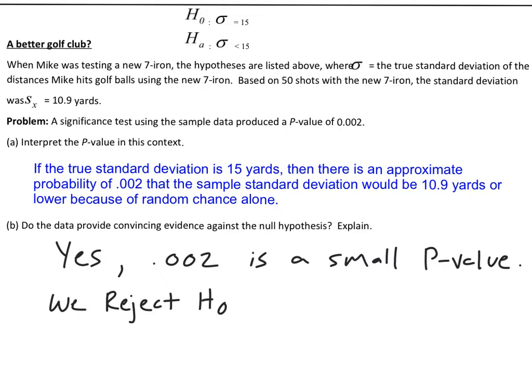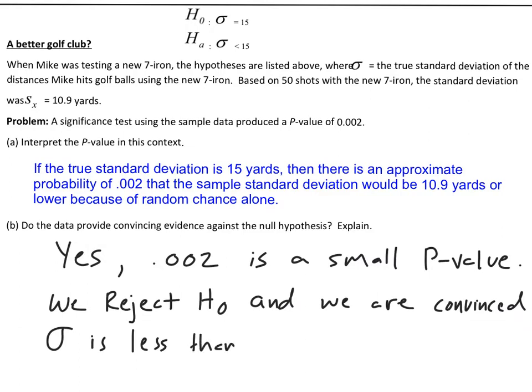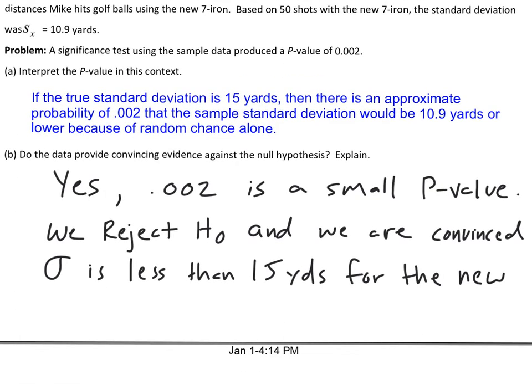We're going to reject H0. We're convinced that sigma is less than 15 yards for the new 7-iron.